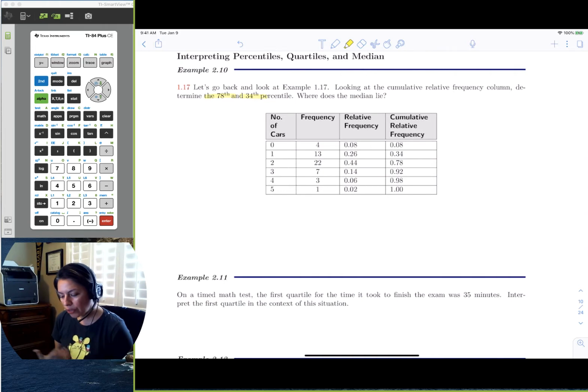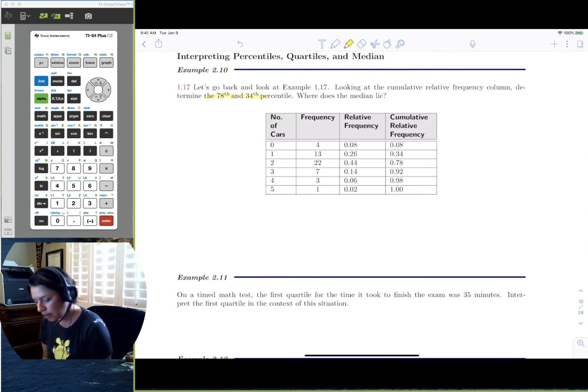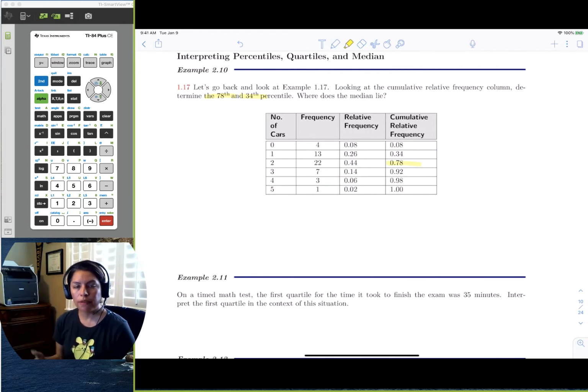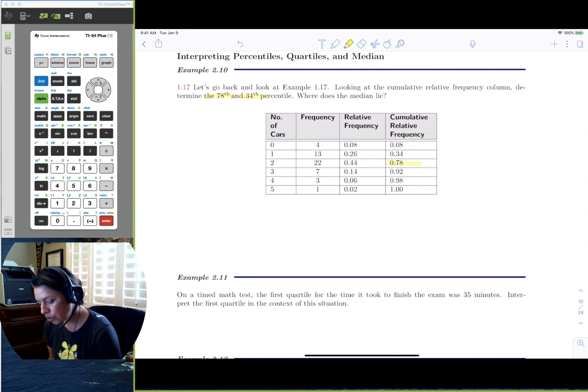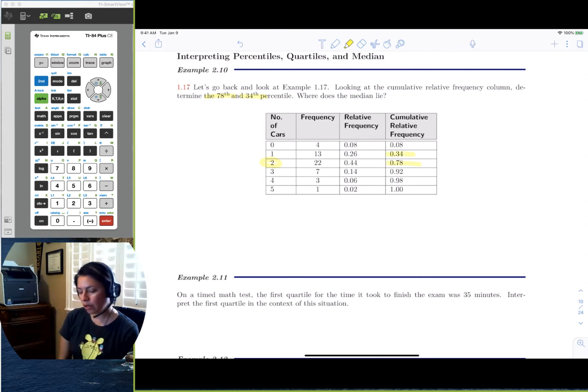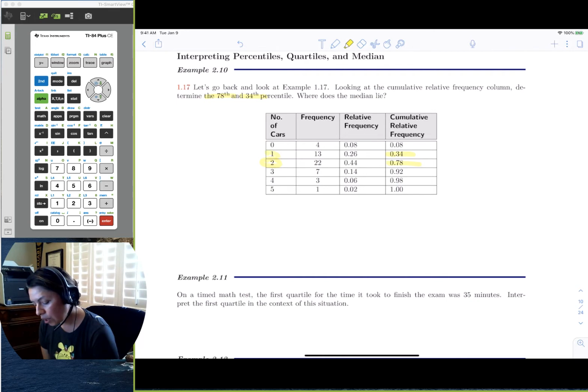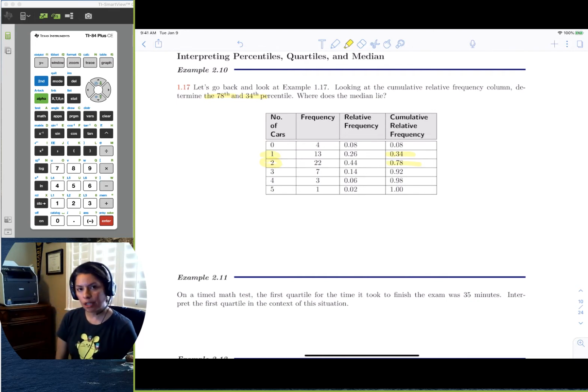Well, the 78th percentile in the cumulative relative frequency is 0.78. This means 78% of the 50 households owned 2 cars or less. Where's the 34th percentile? Well, 34% is right above it, right? 0.34 of the 50 households, or in other words, 34% of the 50 households owned 1 car or less. That's cumulative frequency.